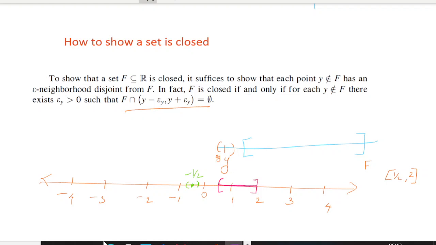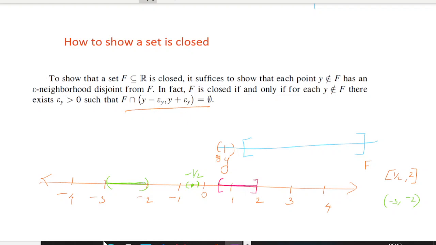Suppose I take the set as minus 3 comma minus 2, open, I'm saying open. So minus 3 minus 2, these are my points. Here, what will happen?